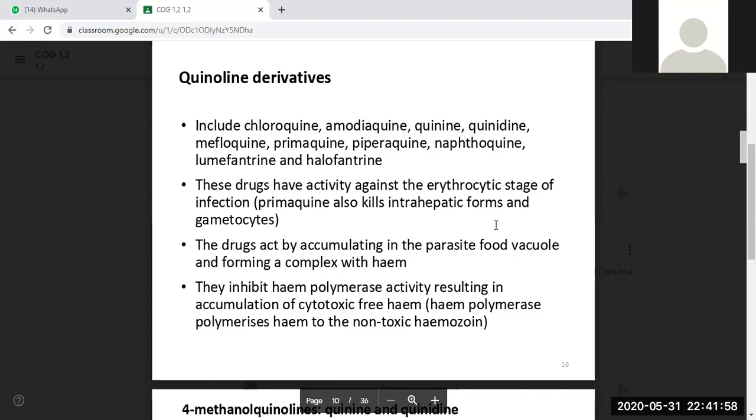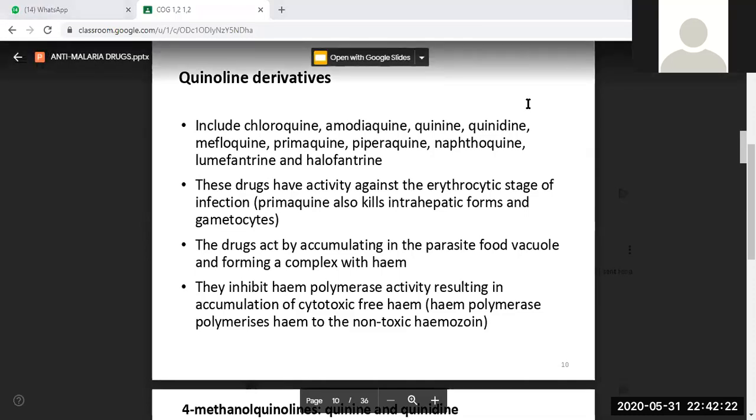It is targeting the erythrocytic stage, which we've said is the stage where the merozoites are infecting the red blood cells, maturing into trophozoites, later on rupturing, releasing more merozoites. So this process is the one that these drugs have an activity against. So they will be inhibiting this stage.